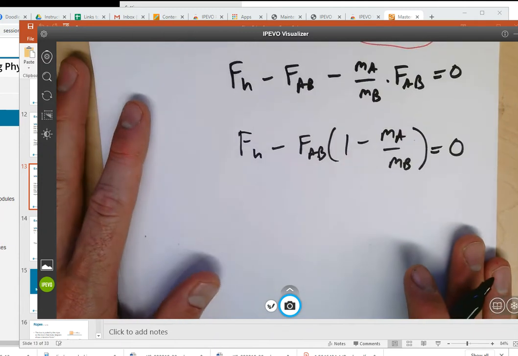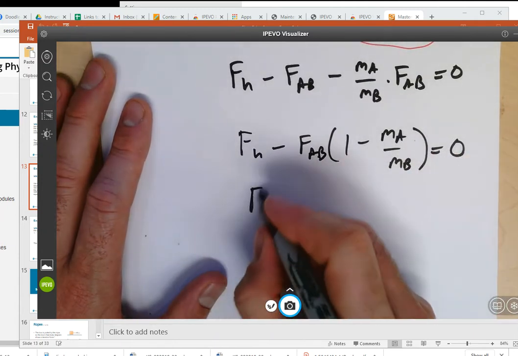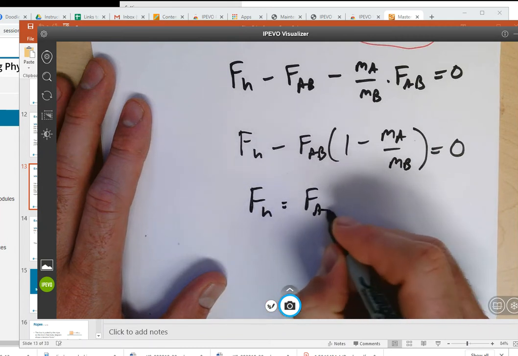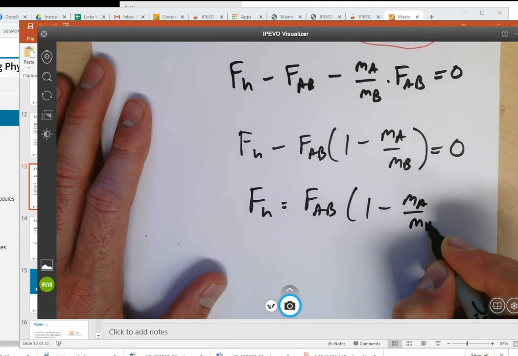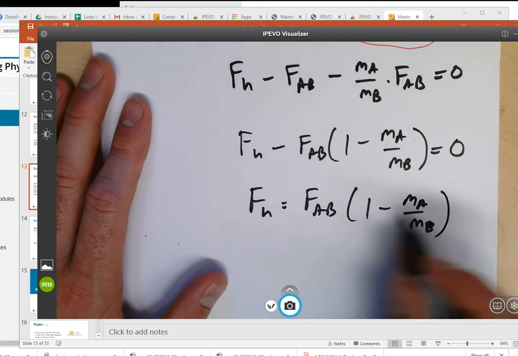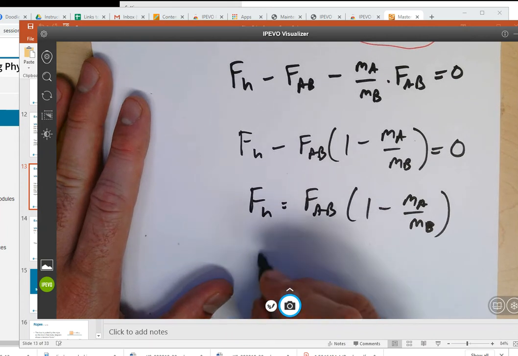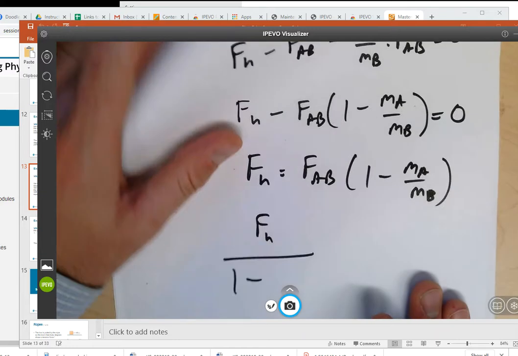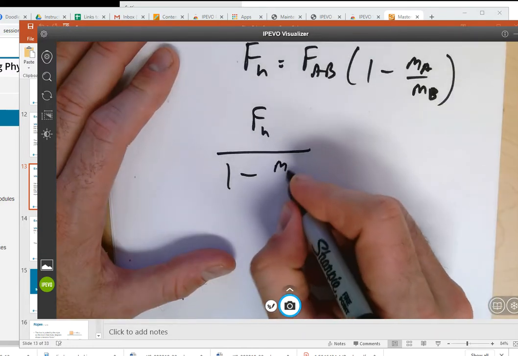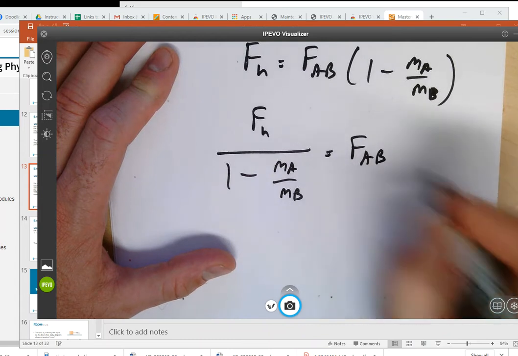And now I can bring this whole term over to the right and say FH is equal to FAB times 1 minus MA over MB. And finally I can divide this parentheses thing and say FH divided by 1 minus MA over MB is equal to FAB.